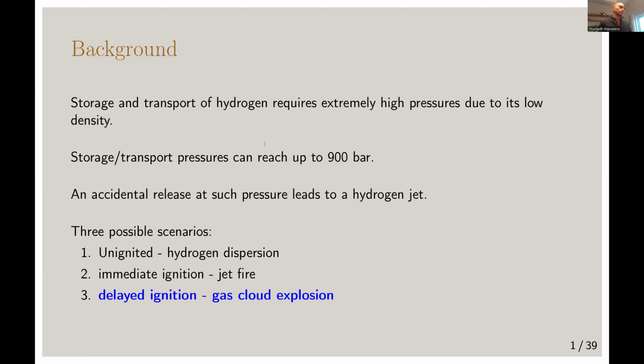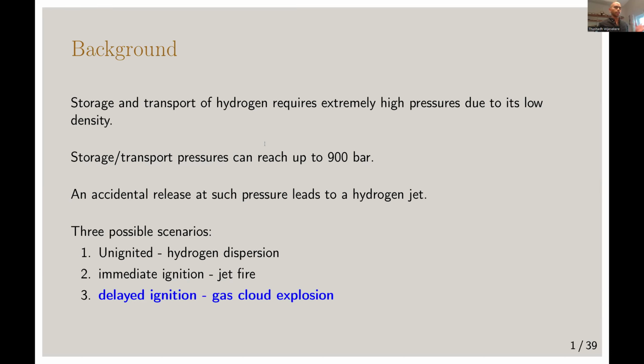And one aspect is that hydrogen has very low energy density when it comes to volume. So this hydrogen has to be stored at extremely high pressures, and these pressures can range up to 900 bar in certain cases. And if you have an accidental release from this reservoir, it leads to a hydrogen jet.